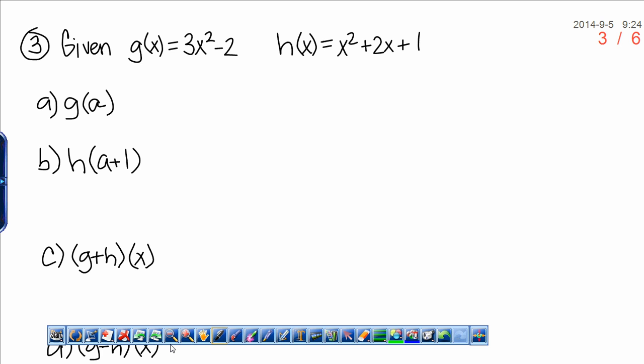Look back at your notes from the beginning if you're not sure what to do with that. We did it on 1C.